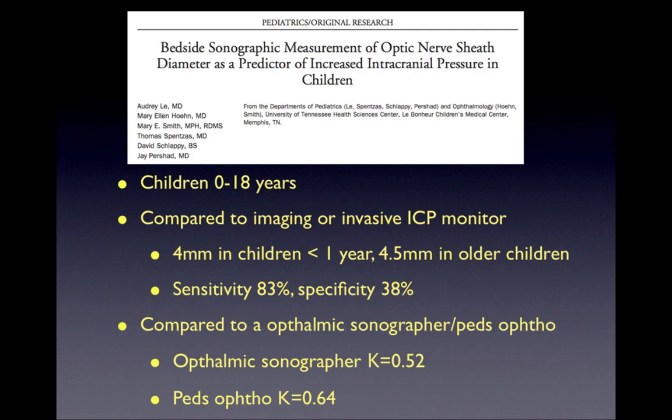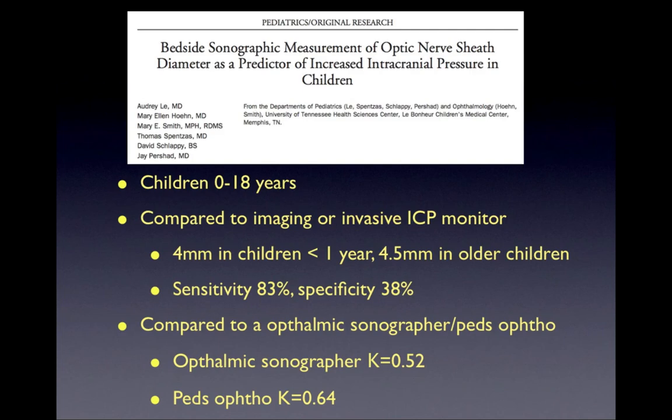So compared to the ophthalmic sonographer, the emergency physicians had fairly good agreement with a kappa of 0.52, and compared to the pediatric ophthalmologist, the emergency physician also had fairly good agreement with a kappa of 0.64.